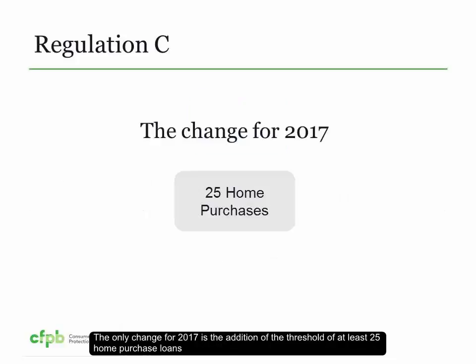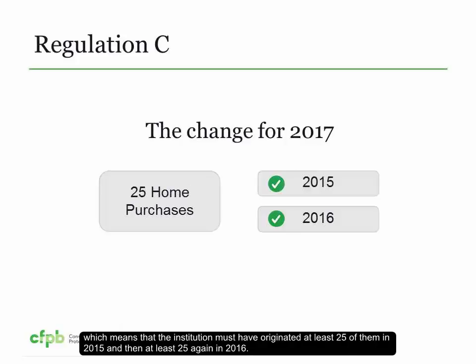The only change for 2017 is the addition of the threshold of at least 25 home purchase loans, which means that the institution must have originated at least 25 of them in 2015 and then at least 25 again in 2016.